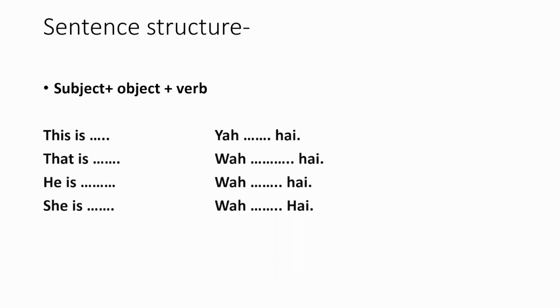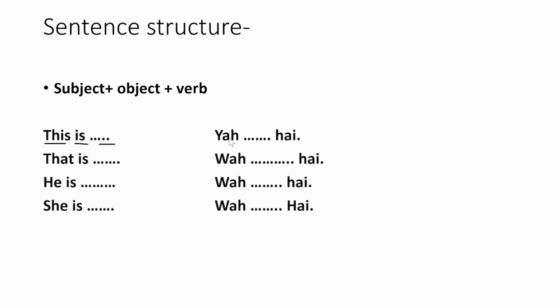I hope you have written all the vocabulary. Now here you can see how we will make sentences. This is a boy will be यह लड़का है. Whatever you put here will come in the middle of the sentence.